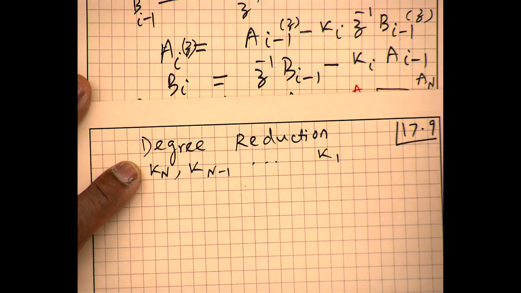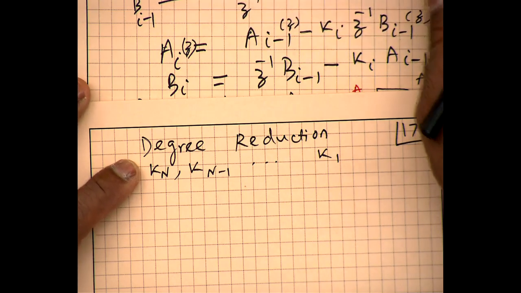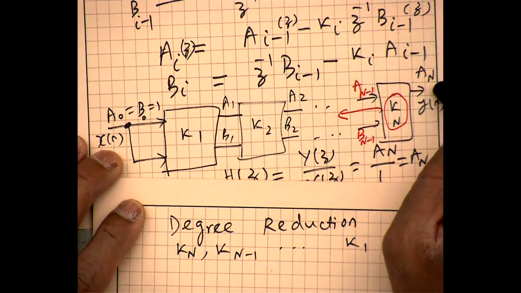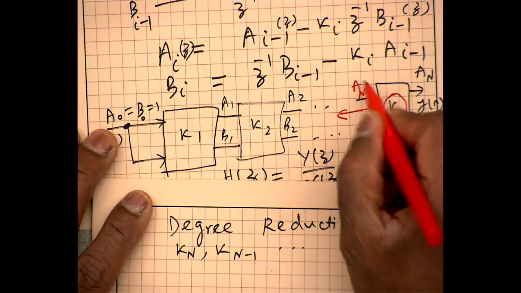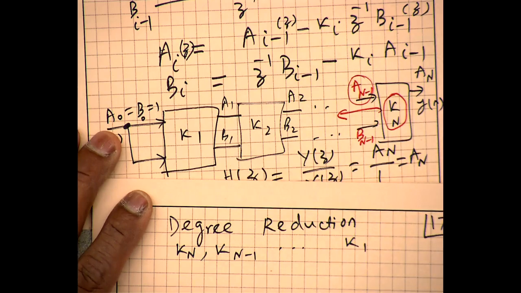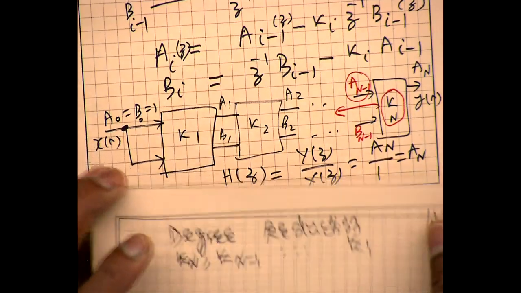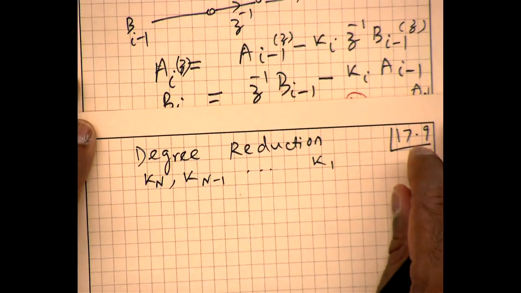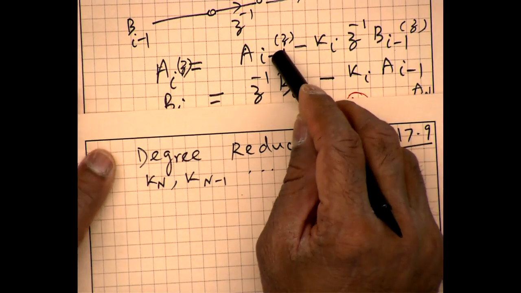How do we compute Ai minus 1 from Ai? So that's really what we are trying to compute. We know An, and I'm trying to compute An minus 1. That's the essence of the degree reduction process.